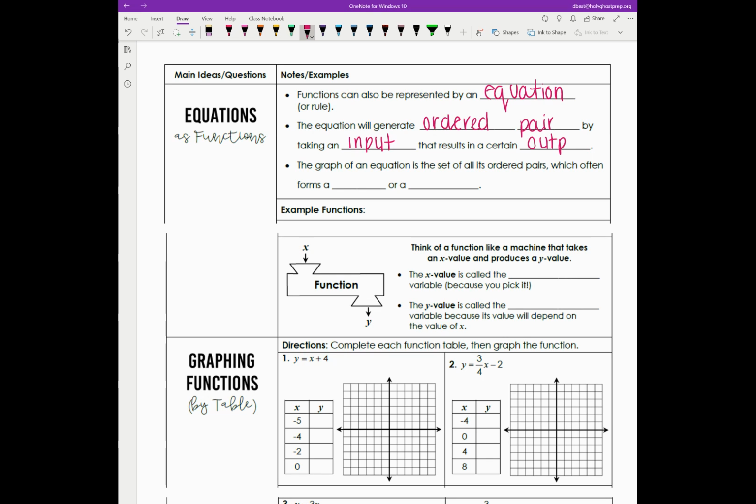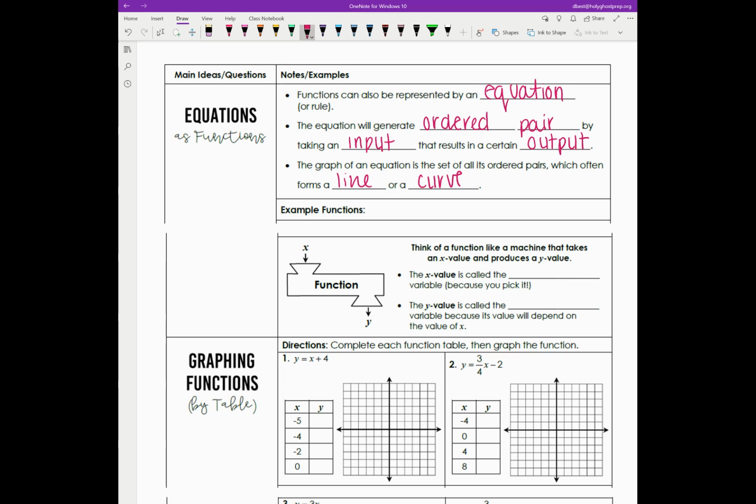We touched on this the first day we were talking about functions in class, talking about independent and dependent variables. The graph of an equation is the set of all its ordered pairs, which often forms either a line or a curve. Think of functions like a machine that takes whatever x value you want and produces a y value.